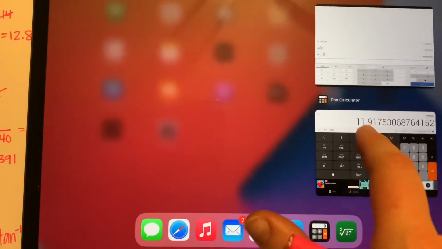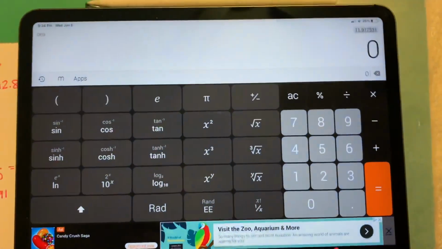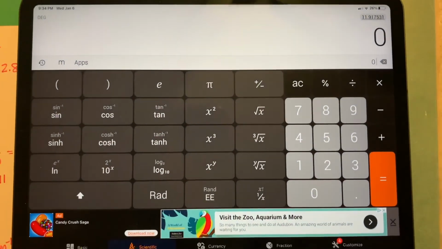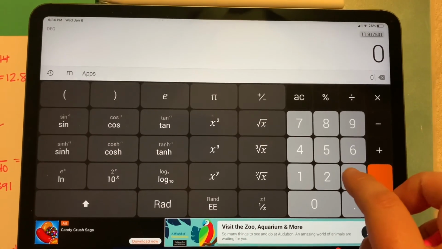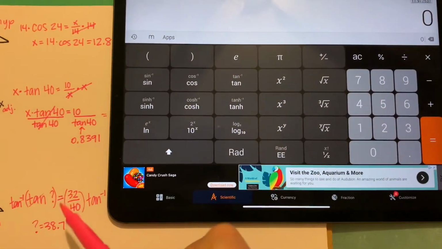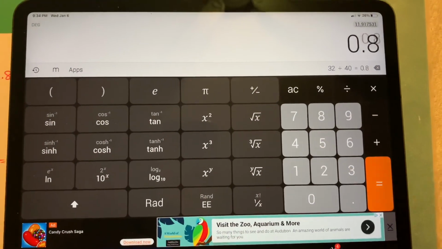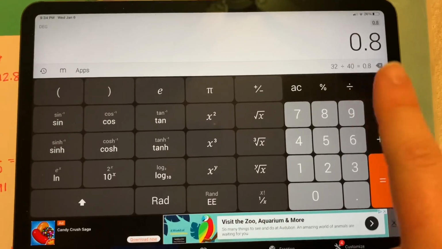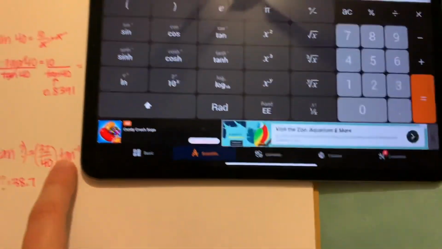If you are using the regular iPhone calculator, you're going to do the fraction first. So do 32 divided by 40. That was this fraction that I had. Hit equals so that you get whatever the decimal is. And then you're going to do the inverse tan thing.